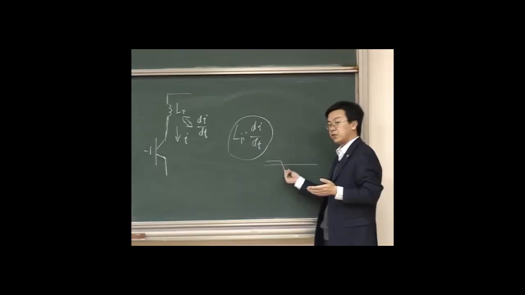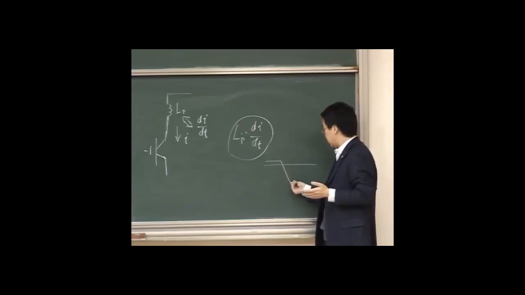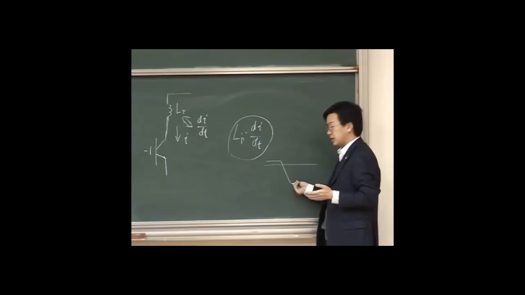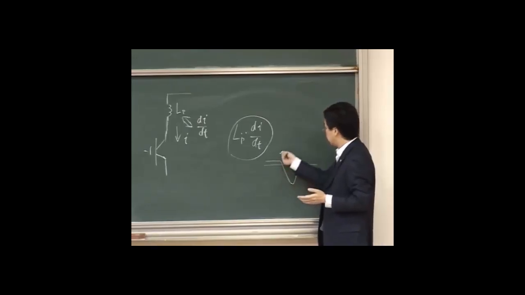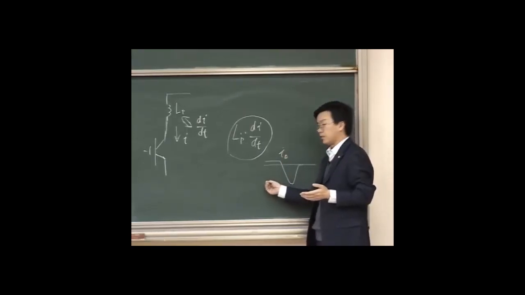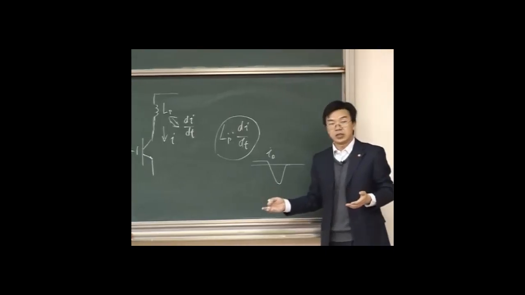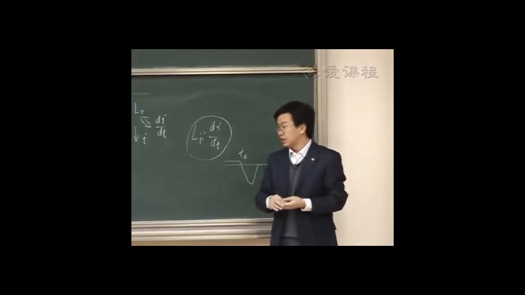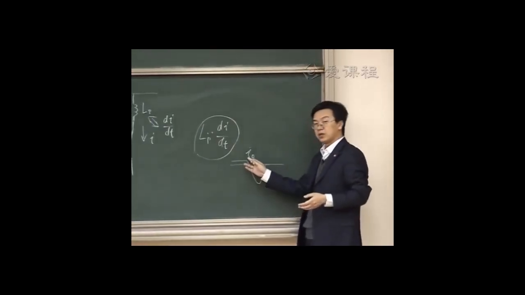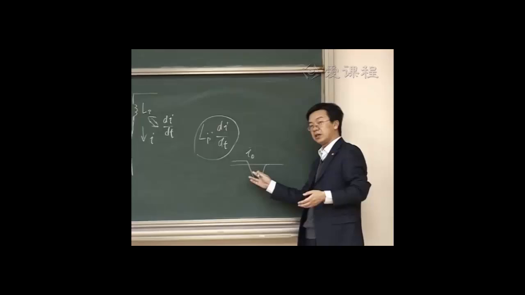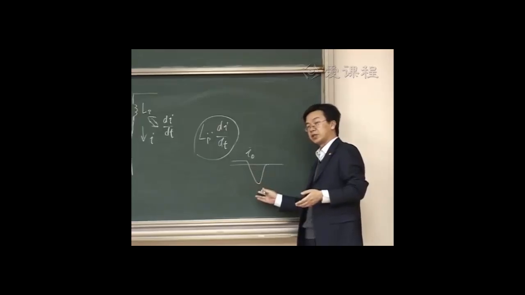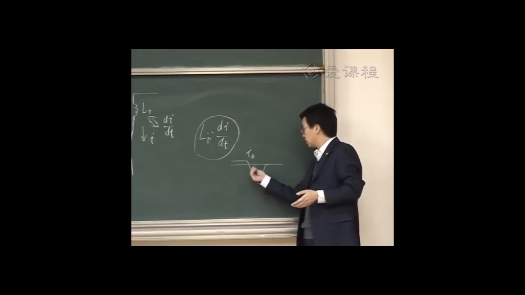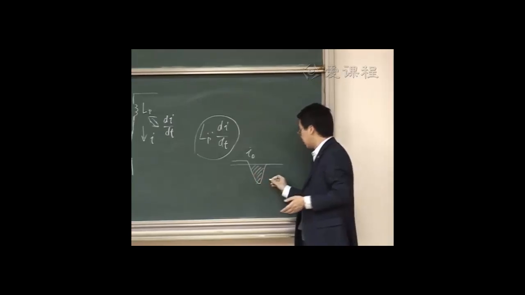It will change to the reverse direction, come to the reverse peak and suddenly come back to 0. This is the reverse recovery current for the diode. And for thyristor, this is also similar. When you turn off thyristor, the current flowing through the thyristor will also first decrease to 0 and then go to the reverse direction. This part is called reverse recovery current.